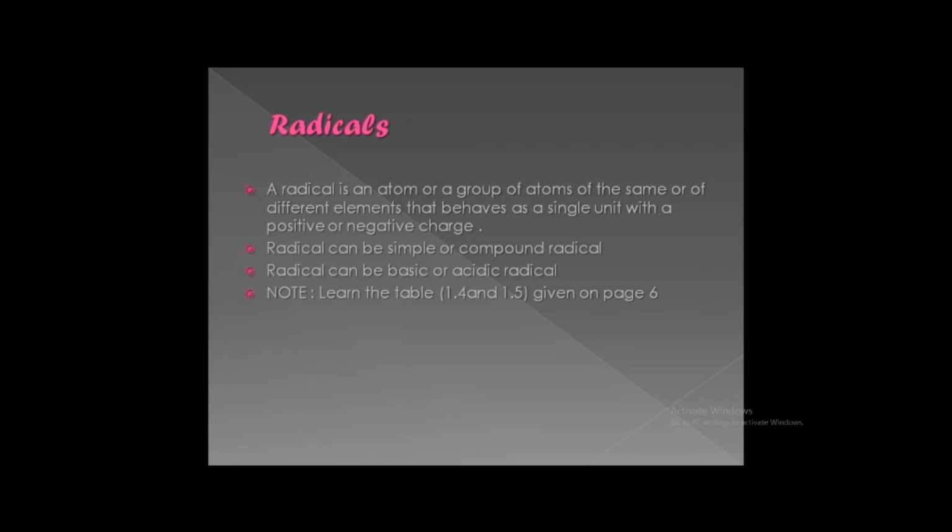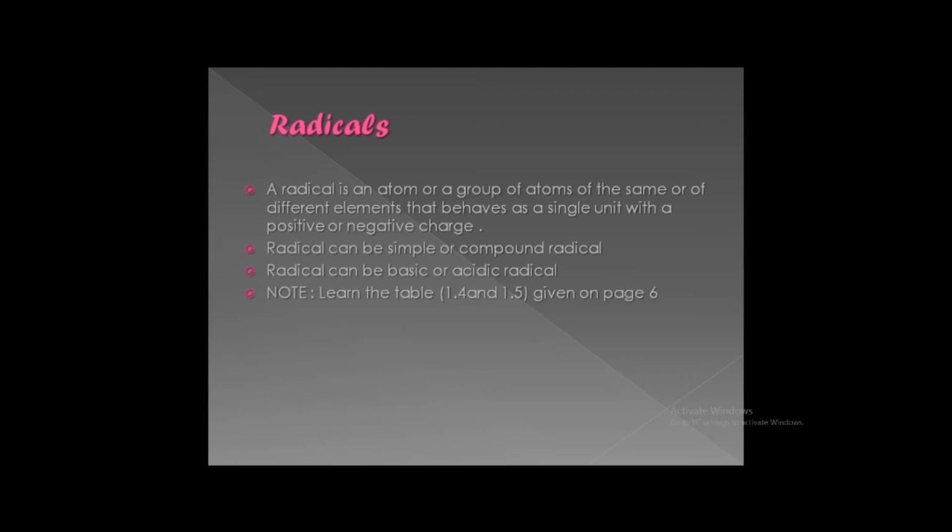The potassium we get in potassium chloride came from potassium hydroxide, which is a base, and the chlorine in KCl came from HCl, which is an acid. From here the names were given. K plus was called a basic radical, Cl negative was called an acid radical. Therefore, a basic radical carries a positive charge and an acid radical carries a negative charge.